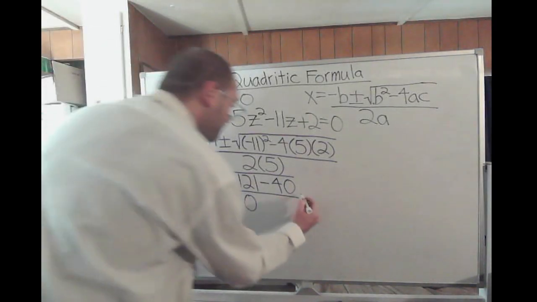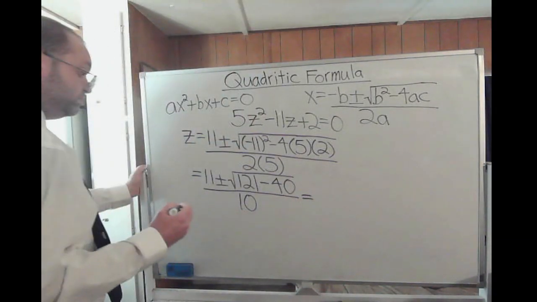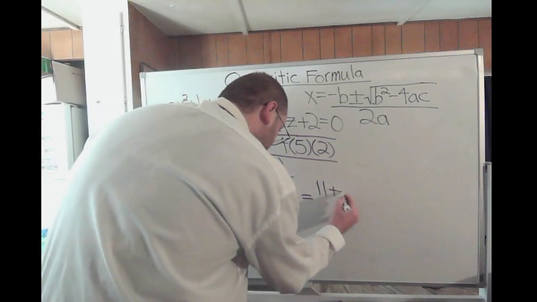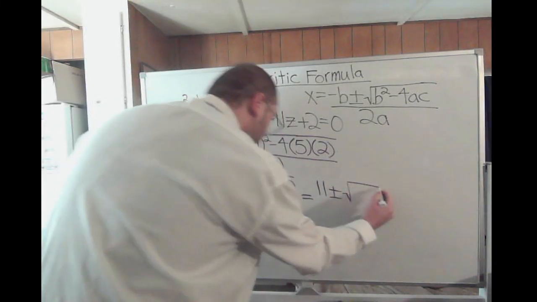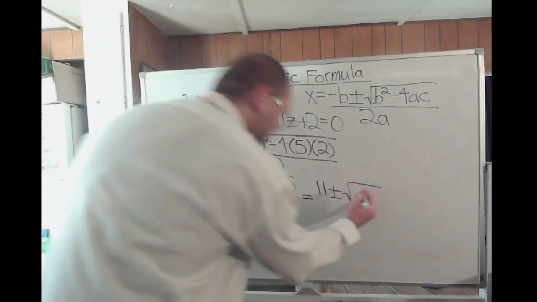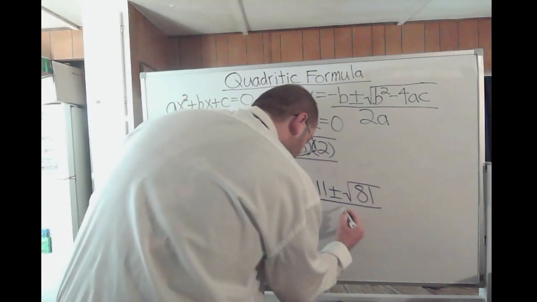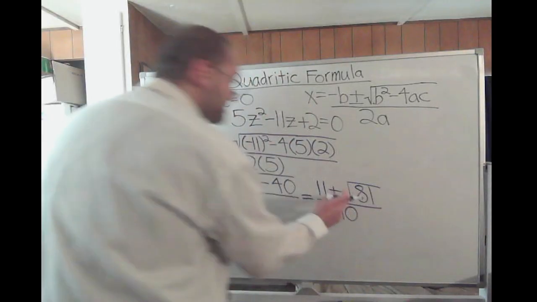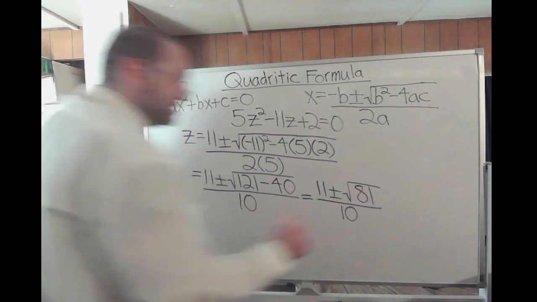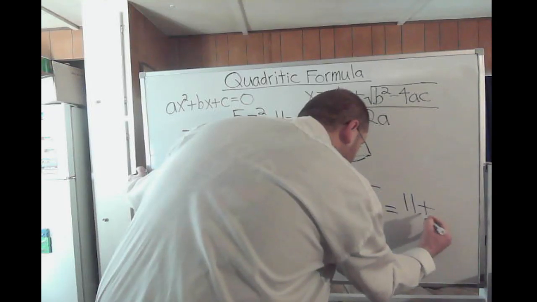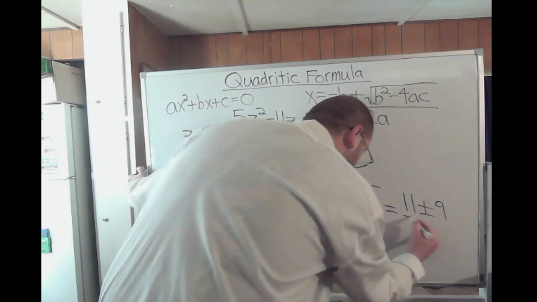Okay. Well, now we're going to continue this further. We have 11 plus and minus the square root of 121 minus 40. That's going to be the square root of 81 all over 10. So we have 11 plus and minus the square root of 81 over 10, which means this would be equal to 11 plus and minus 9 all over 10.